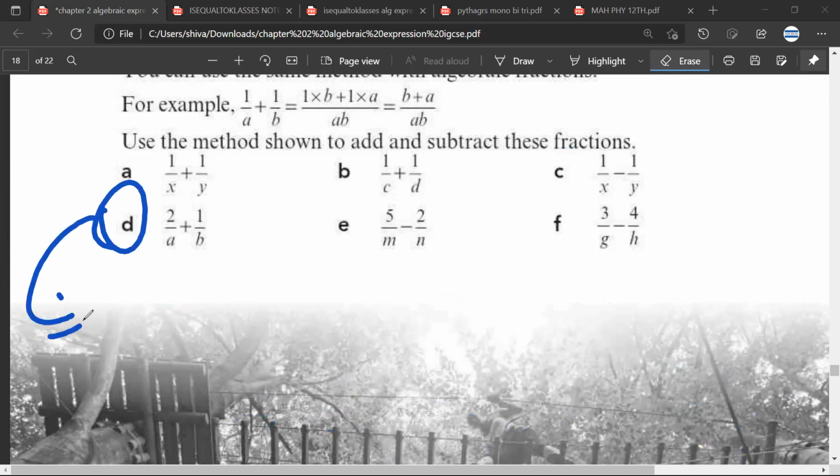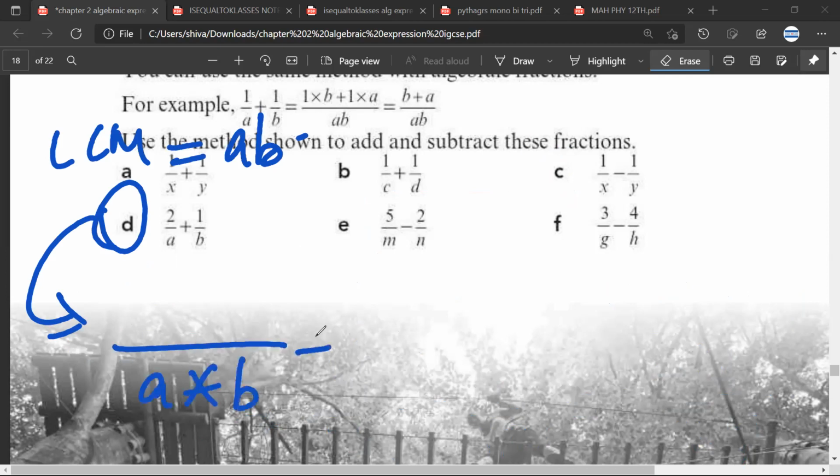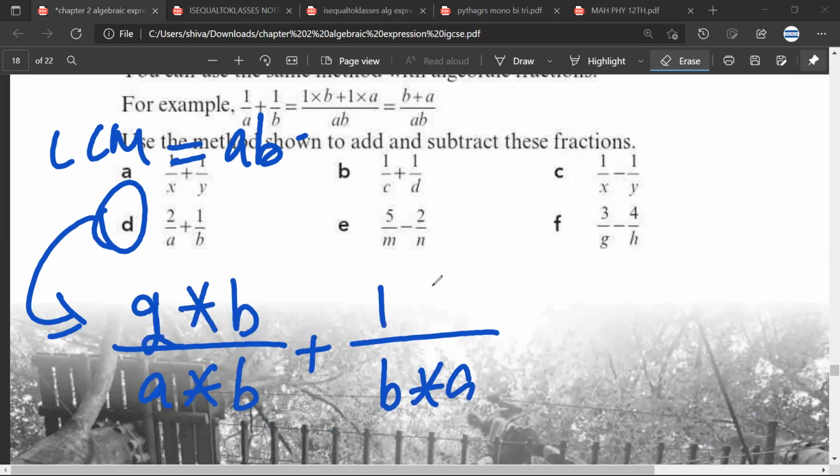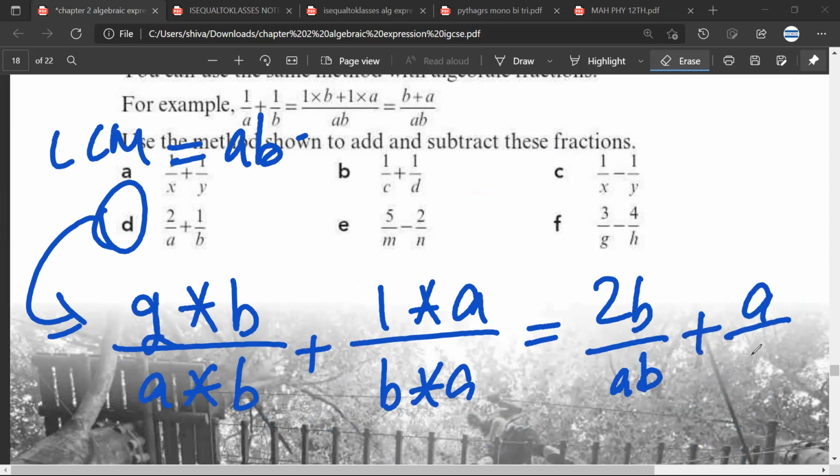Mr. Satya, D part. So the LCM would be AB. So we have to do 2 into B upon A into B plus 1 into A upon B into A. So it would be equal to 2b upon AB plus A upon AB, which would be equal to 2b plus A upon AB. Ariman, any doubt? No, sir.